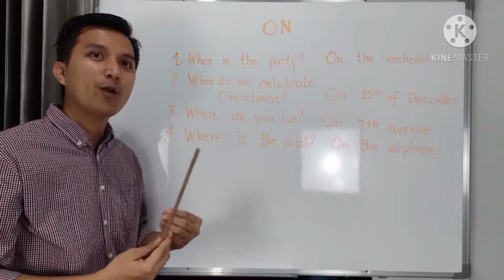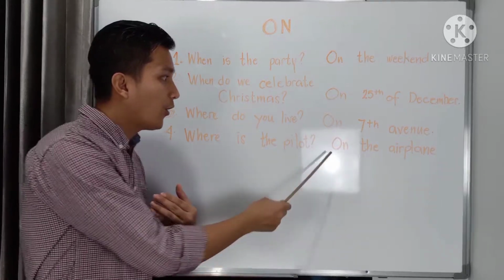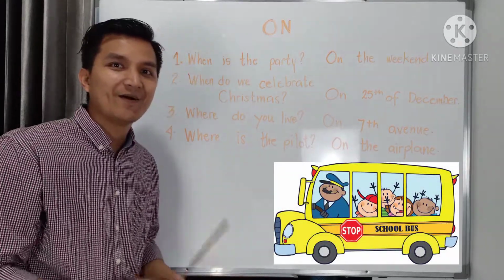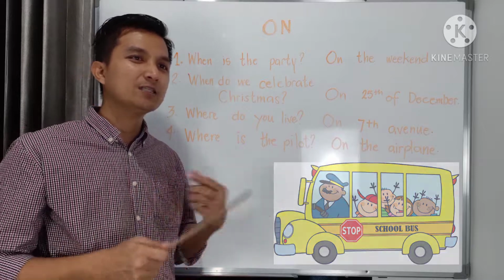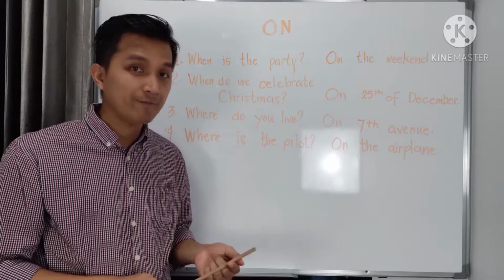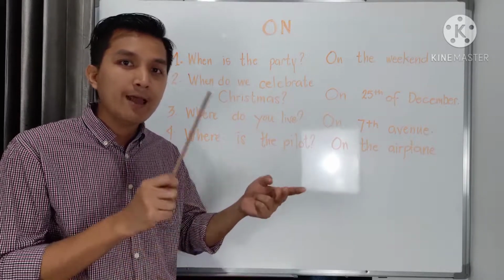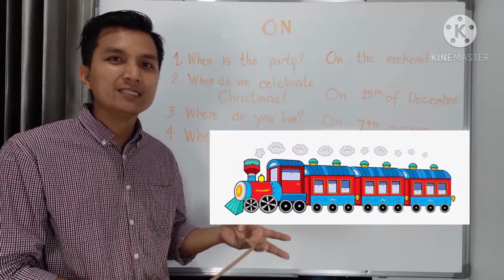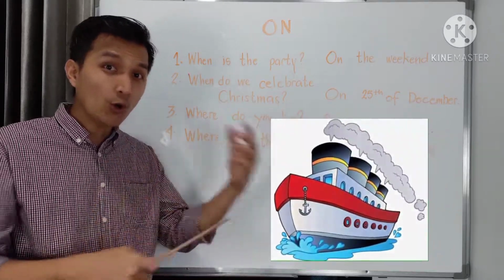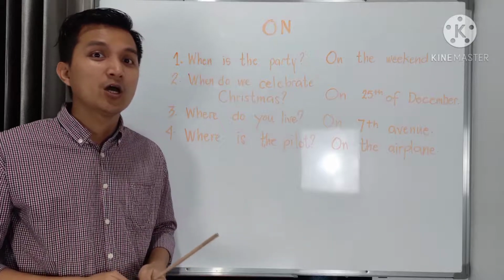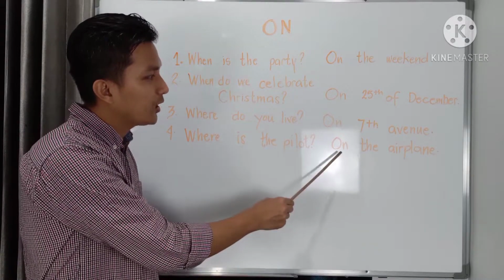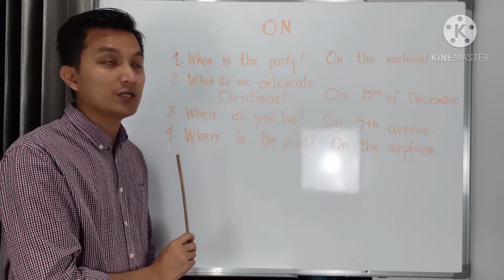Or you can say, where is the bus driver? On the bus. Okay, very good. If you are talking about transportation, like for example airplane, bus, trains, ship, all of those are kinds of transportation, so you are going to use the preposition on.